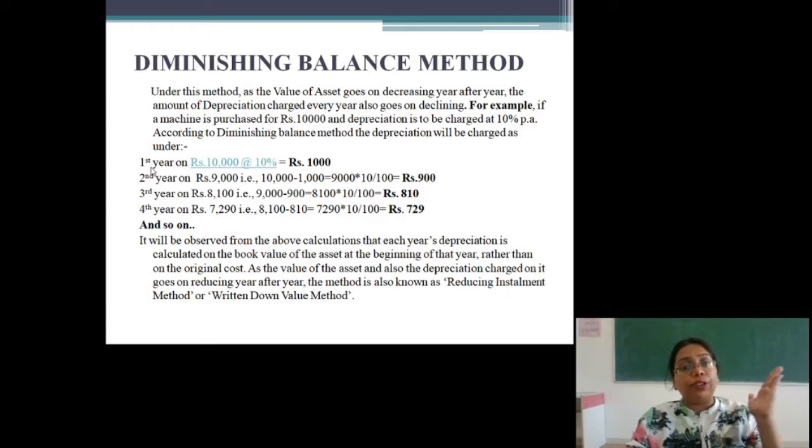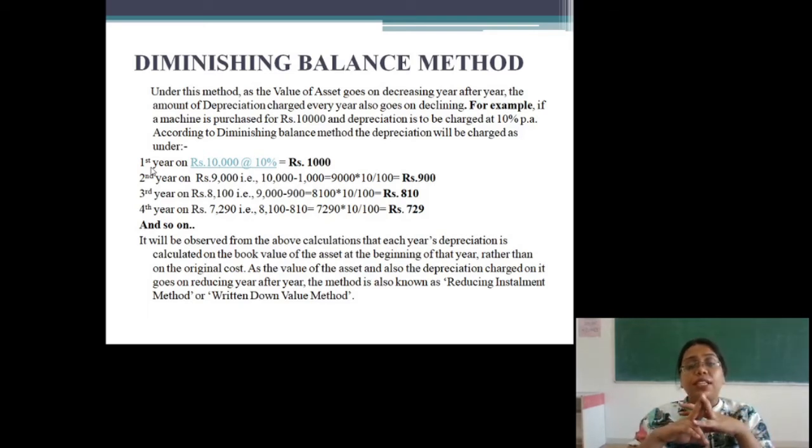The amount of depreciation doesn't remain the same in the case of the diminishing balance method. It will be observed from the above calculation that each year's depreciation is calculated on the book value of the asset at the beginning of that year rather than the original cost.